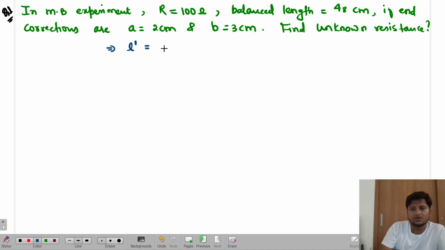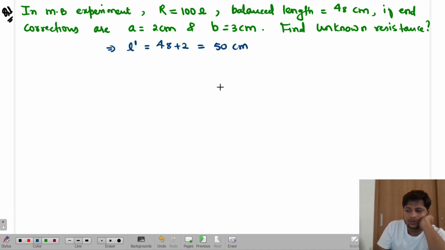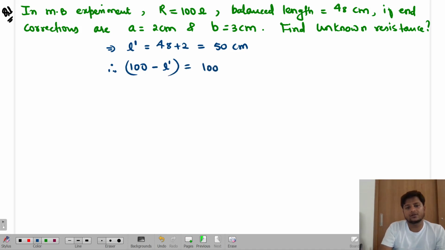L dash is how much? 48 plus 2, isn't it? Which is 50. And then 100 minus L dash I need to include. Sorry, 100 minus L dash is 100 minus L plus B, isn't it?